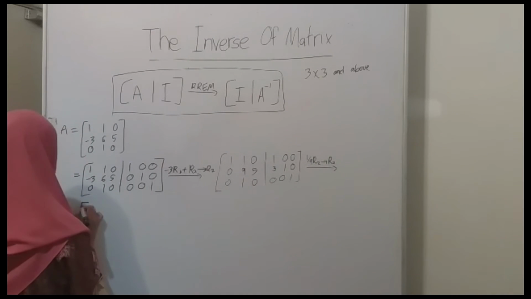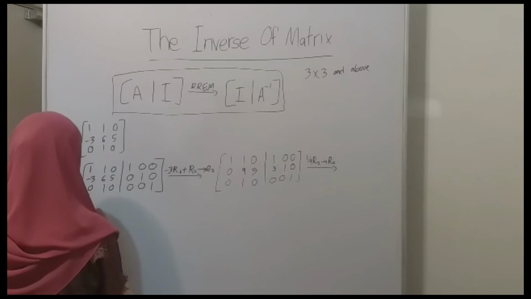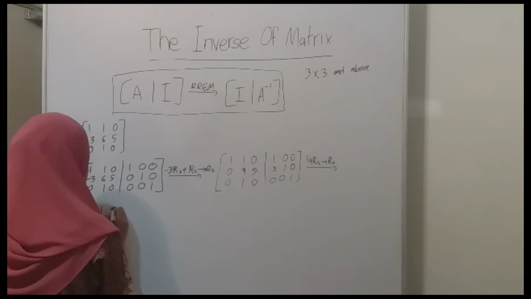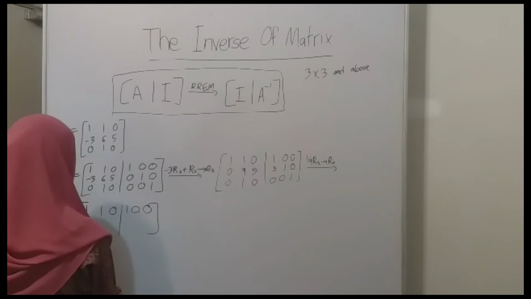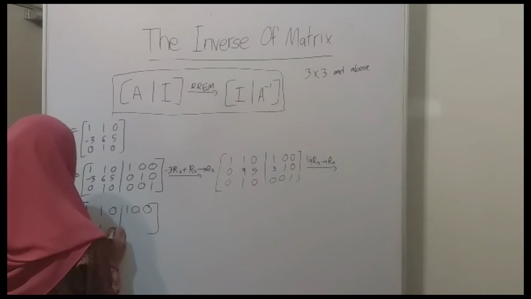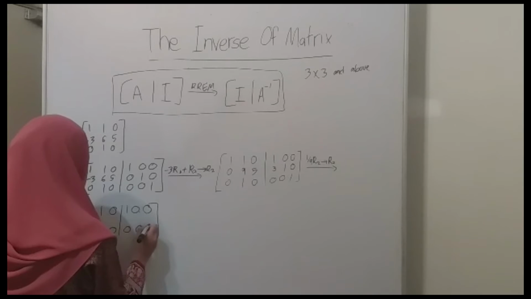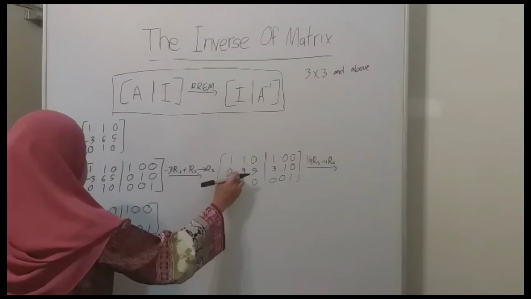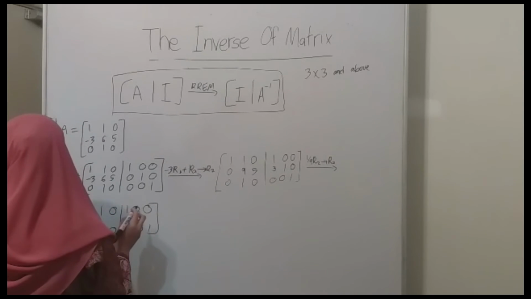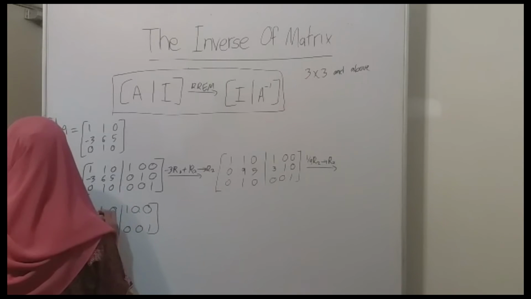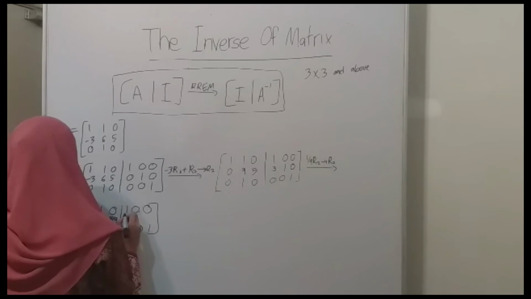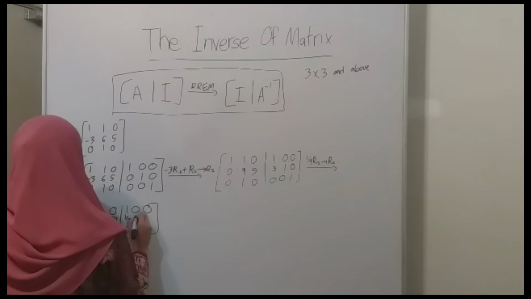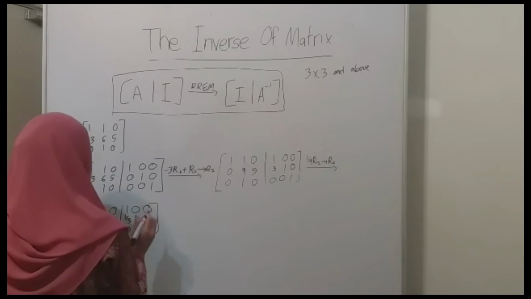Then 1 1 0 1 0 0, 0 1 0 0 0 1. So the changes is on row 2. So the answer will be 0 1 5 over 9, 1 over 3, 1 over 9 and 0.